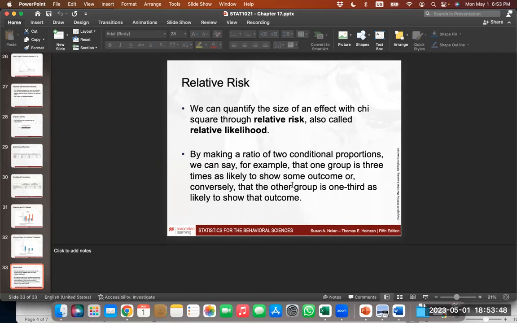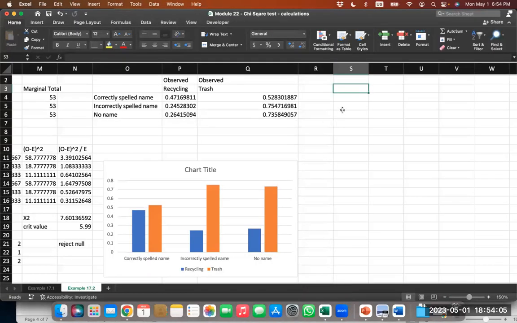To compare the risk of different groups, you need a comparative metric, and that metric is the relative risk or relative likelihood. It's nothing else but a ratio between the risk in one group compared to the risk of the other group. So if we want to do this exercise now, risk, no name versus correct name, is as simple as, let's assume the outcome to be that cup ending up in the trash.